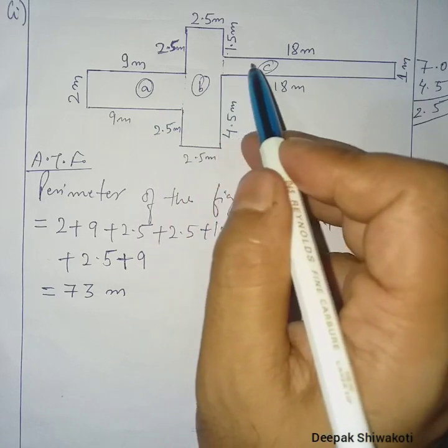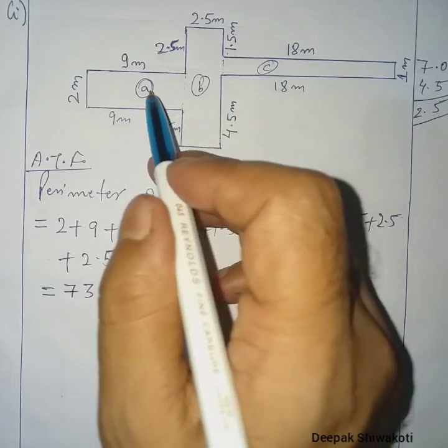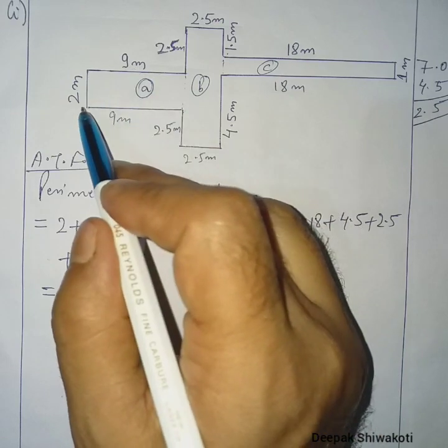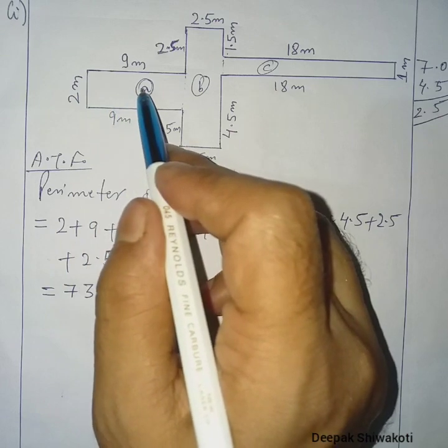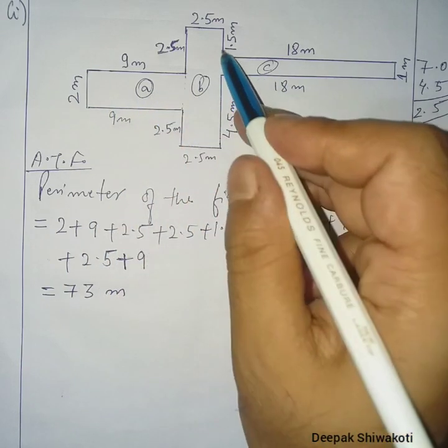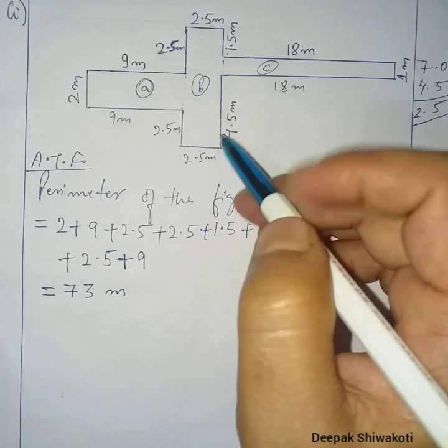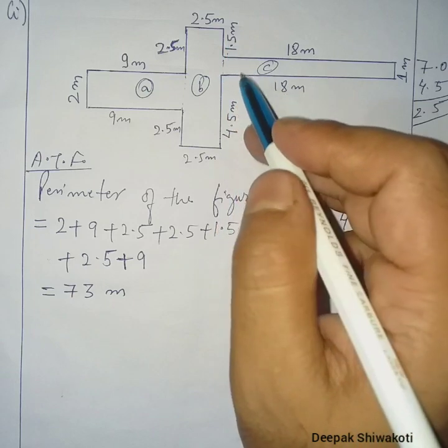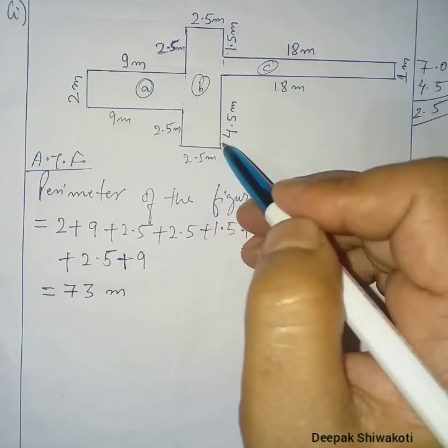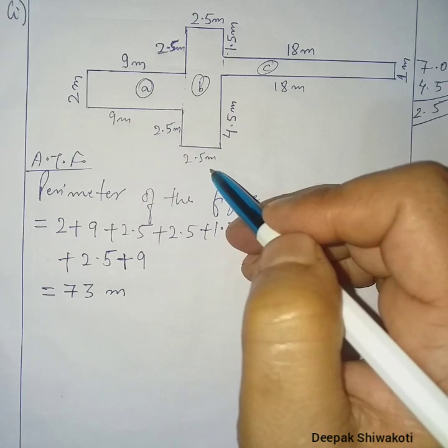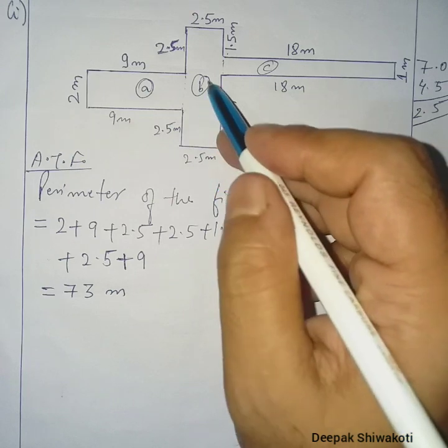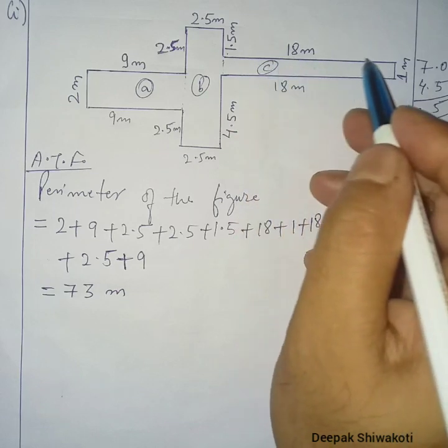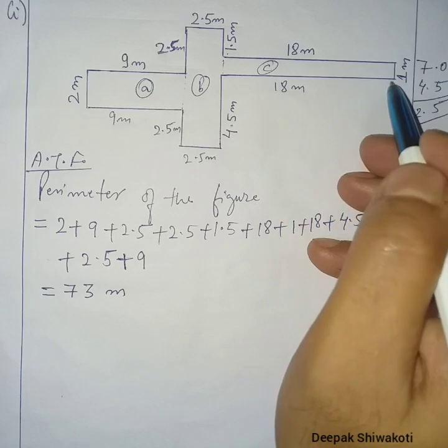So the area of this given figure will be the sum of the areas of these parts. The length and breadth of this rectangle are 9 meter and 2 meter, length into breadth. And for this part, length into breadth, length is 4.5 plus 1 plus 1.5, that is 7, we have calculated, 7 into 2.5. And the area of this part will be length into breadth, that is 18 into 1.